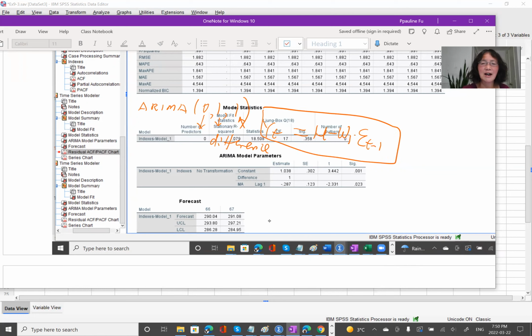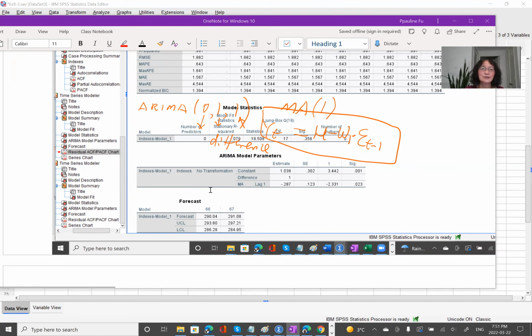This is the moving average, MA1. You relate the y value with the previous error term. Let me check the chat area. I don't see any new questions.